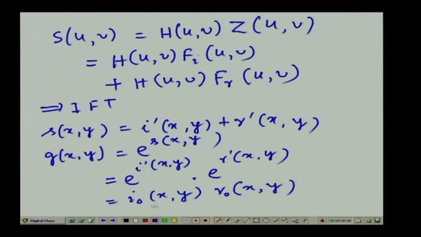So, the first term is the illumination component and the second term is the reflectance component.